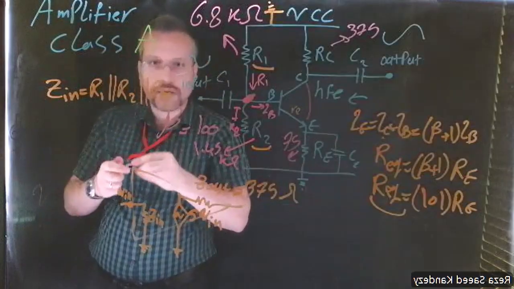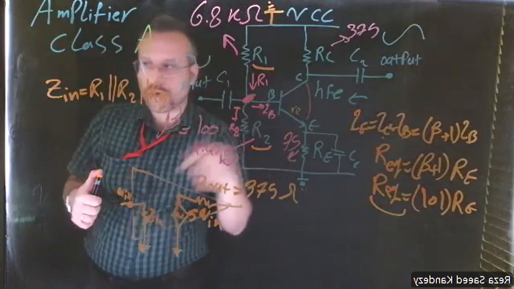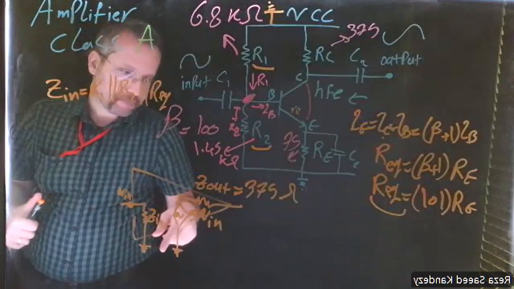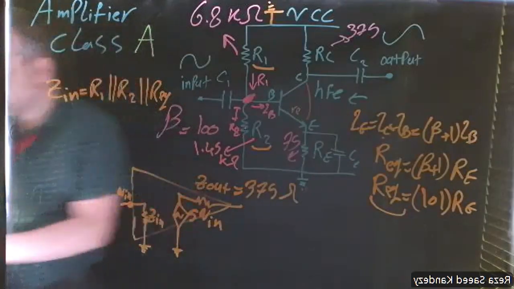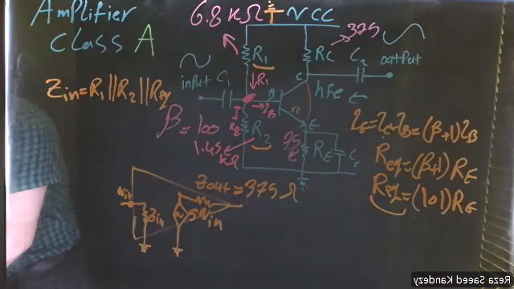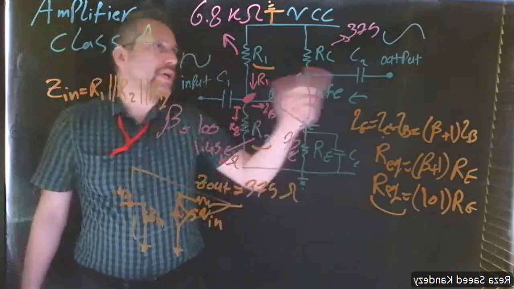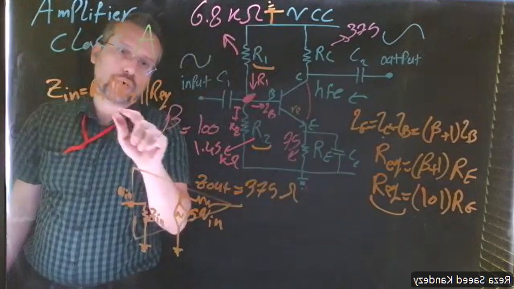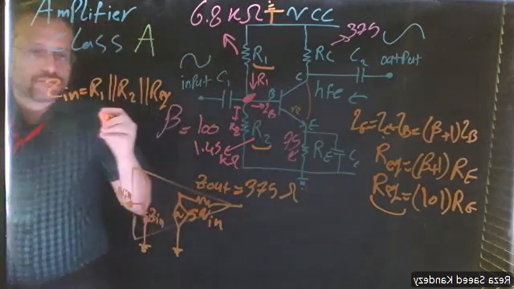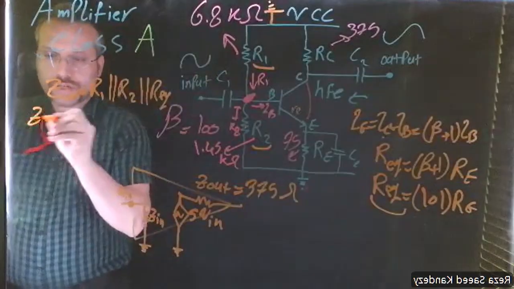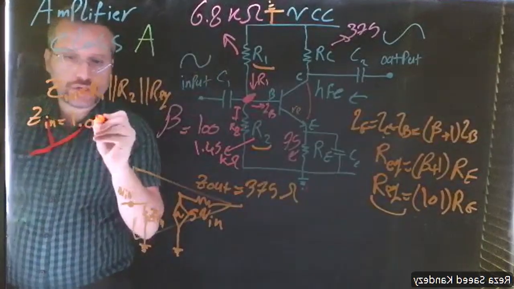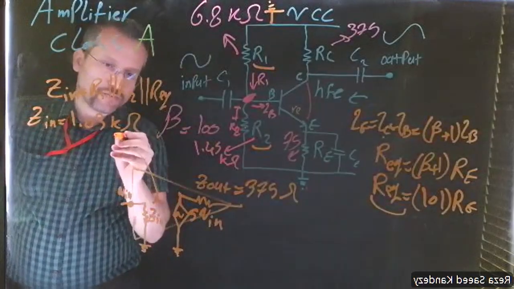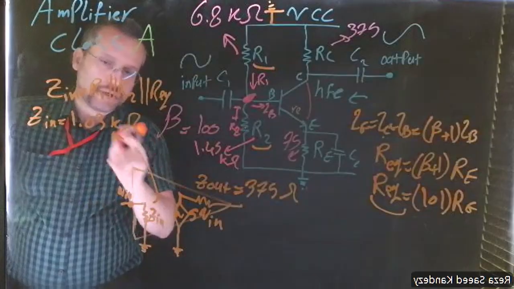I'm going to pause, calculate that, and come back for the rest of the analysis. Now, if you do the calculation for that Z in for the parallel R1, R2, and R equivalent, do the calculation yourself, but Z in is going to be 1.03 kilo.